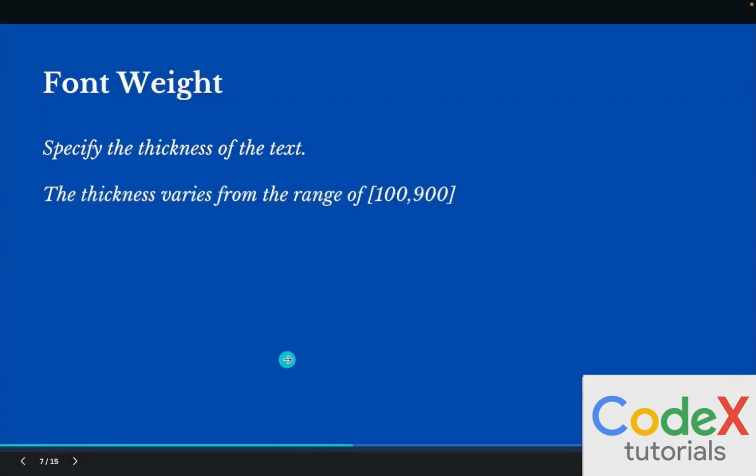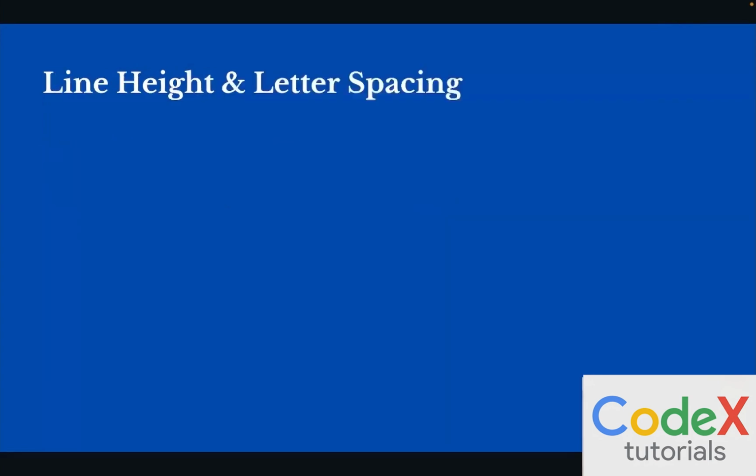And the thickness of any font in CSS varies in a range of 100 to 900, inclusive of 100 and 900. So it starts off with 100 and it can go to any value up until 900 with a demarcation of 100. So the possible values of font weights are 100, 200, 300, 400, and so on and so forth.